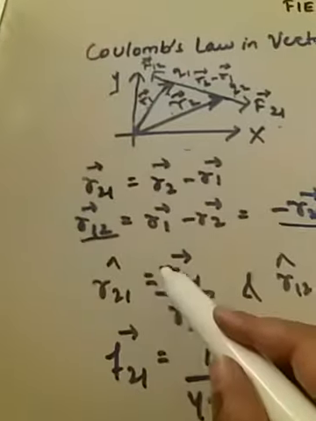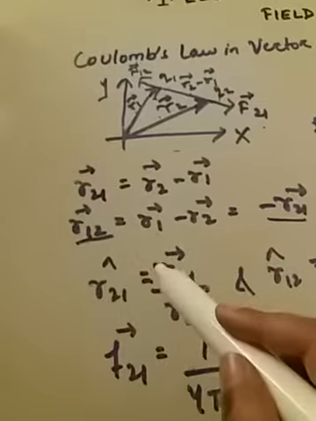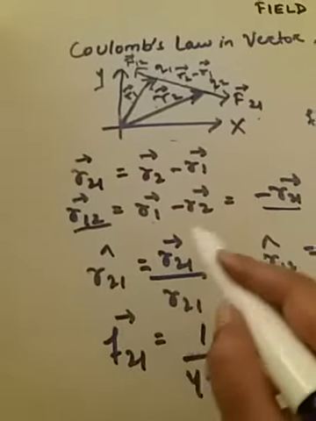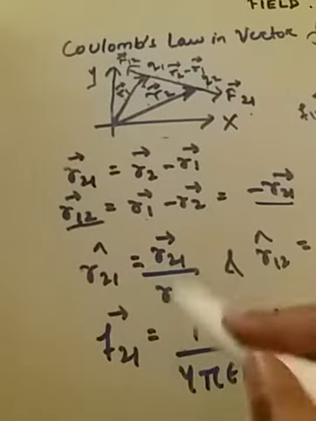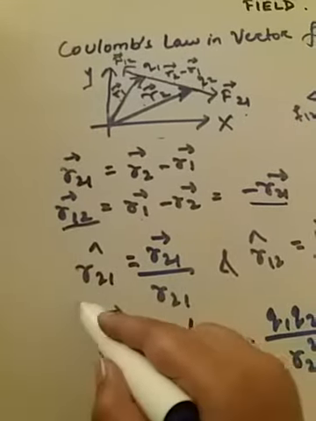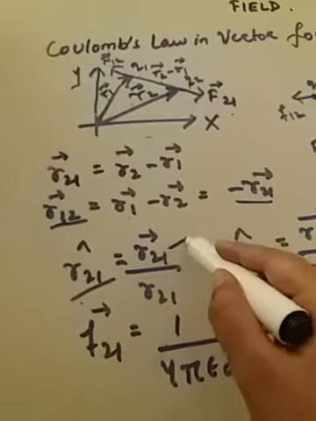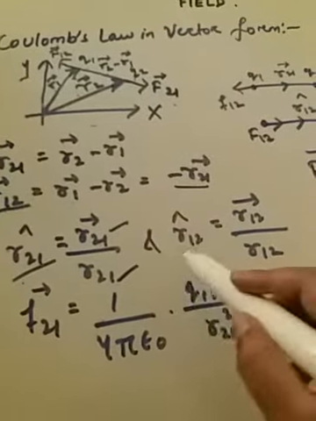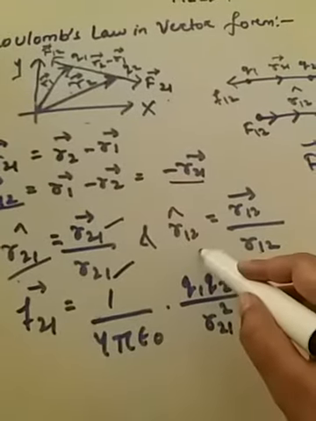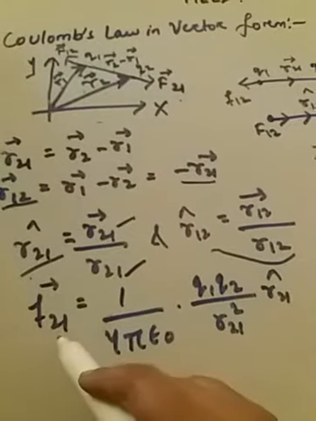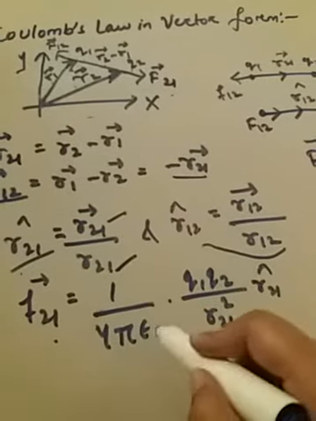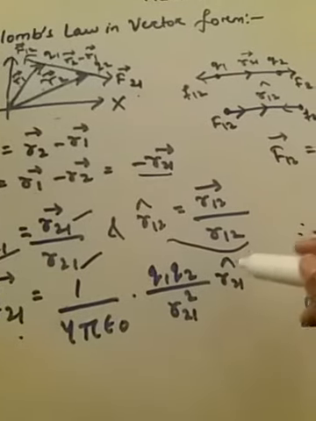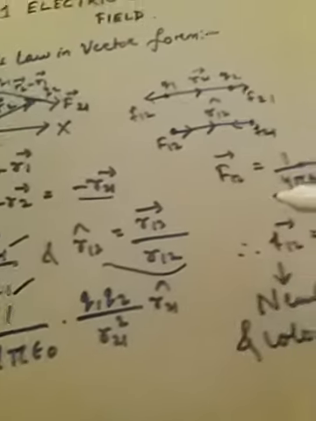So the unit vector, A cap, as you know the formula, is A vector by A magnitude, or modulus of A. So the r21 unit vector is the r21 vector by r21 mod, and r21 is minus r12, so here we get the reverse of it. And f21 is 1 by 4 pi epsilon naught into q1 q2 by r21 whole square, times the r21 unit vector.